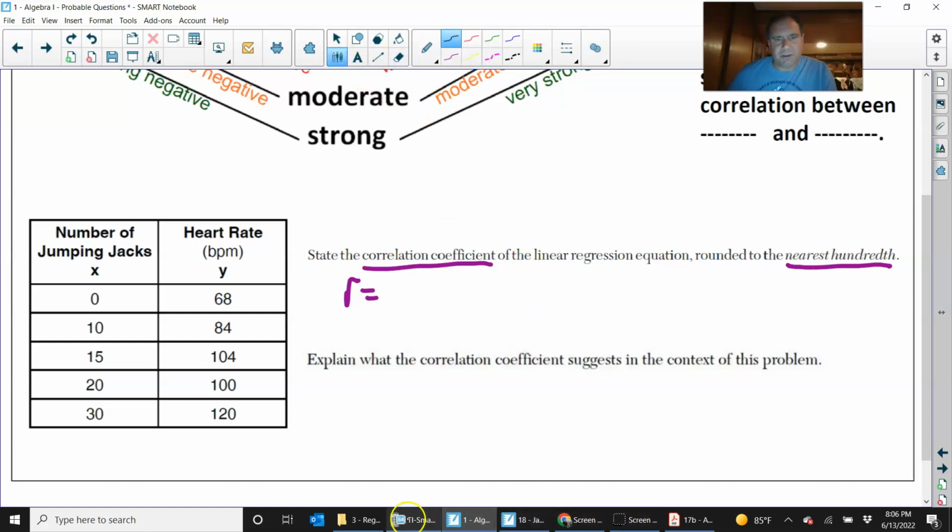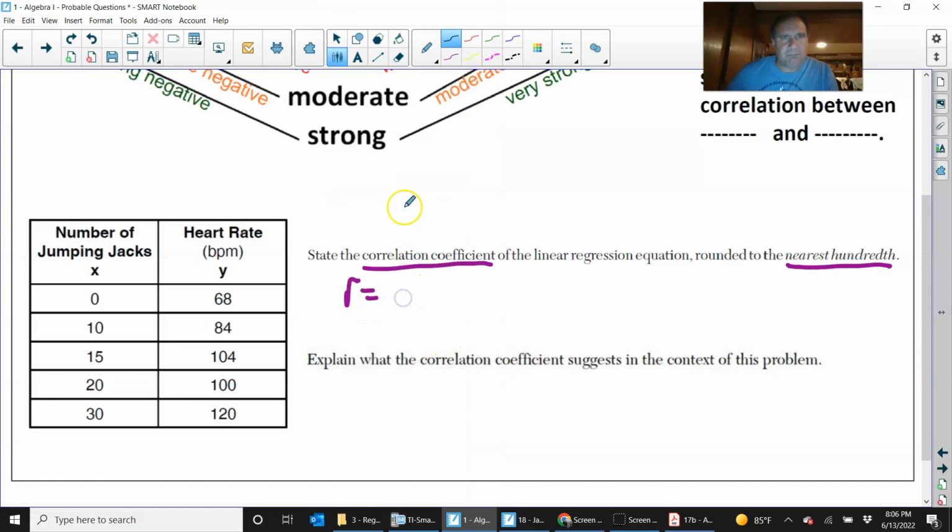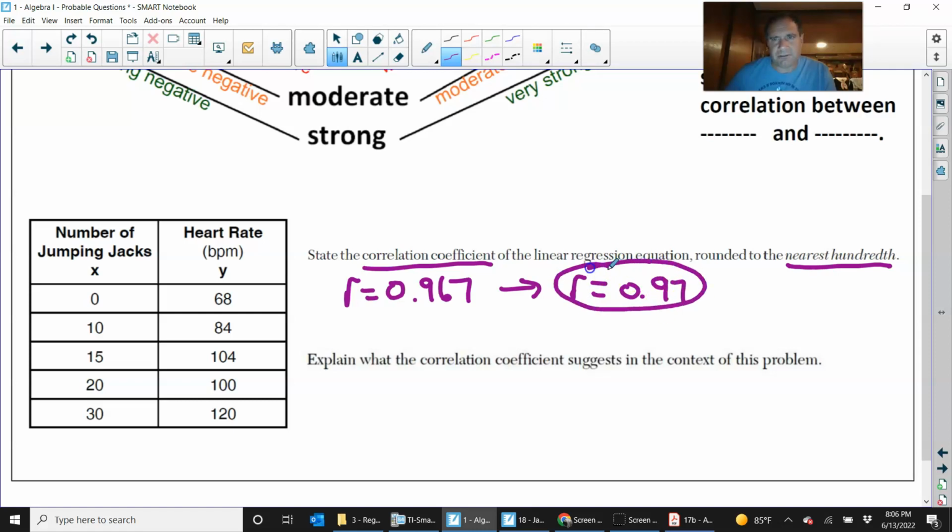So the correlation coefficient is 0.967. All right, I'm going to write that down. 0.967. So it says round to the nearest hundredth. So I'm going to round it to R equals 0.97, and that is rounded to the nearest hundredth.